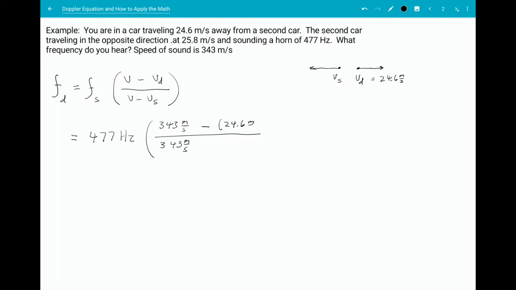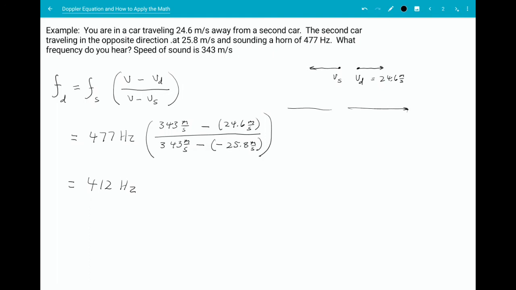I don't need the parentheses, but I'm using them so you can visualize it. Minus, and now the source is moving at a negative 25.58 meters per second. And the answer to this is 412 hertz. You can pause the video and punch that in the calculator to see. And that makes sense because they're going apart.